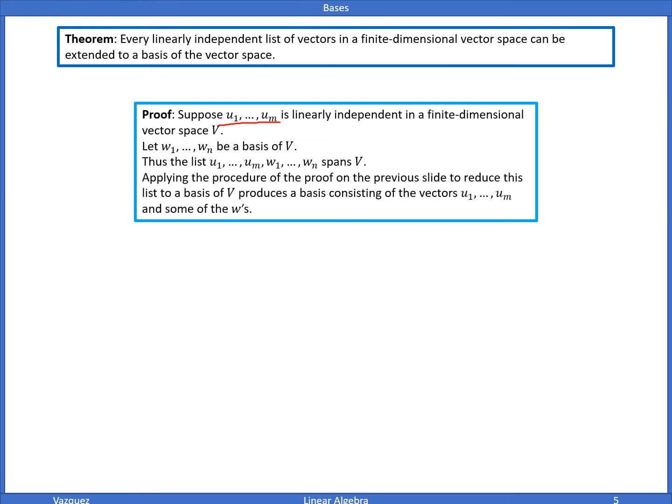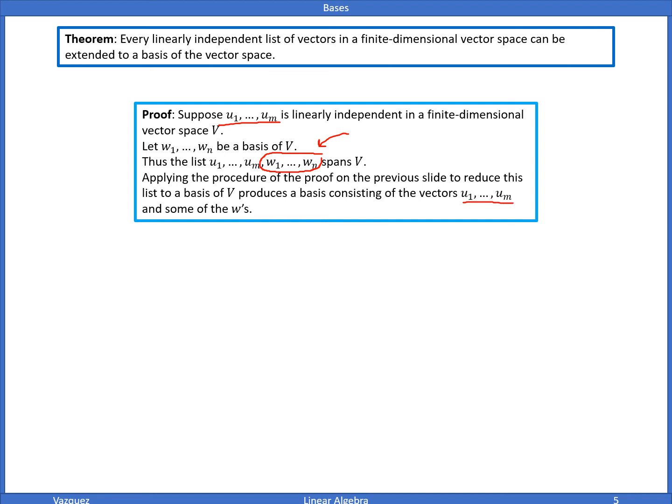Well, now we're going to apply the procedure from the previous slide, from that long proof, to reduce this list to a basis of V. Right, and this produces a basis consisting of vectors u1 to um and some w's as well, some of these here. So you're just taking some of those out. And now what did we do?